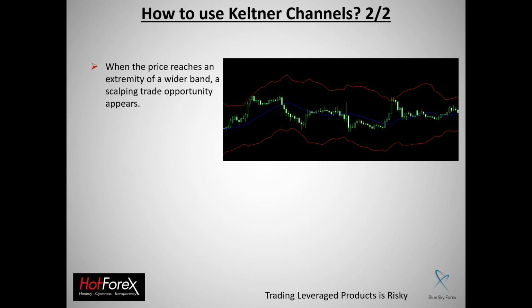And if you witness the channel being a bit too narrow for you, you witness the price really often going outside of the range of the Keltner channels, and you have difficulties finding good trade entries, then you should adjust the ATR values of the Keltner channels. For example, set it to higher if you often witness the price going outside. But it ultimately still depends on your own personal preference and the strategy that you are using.